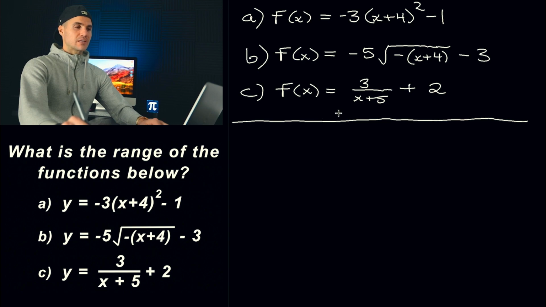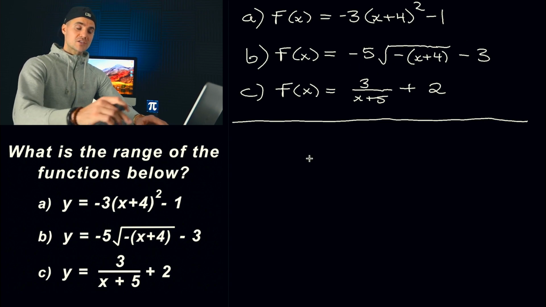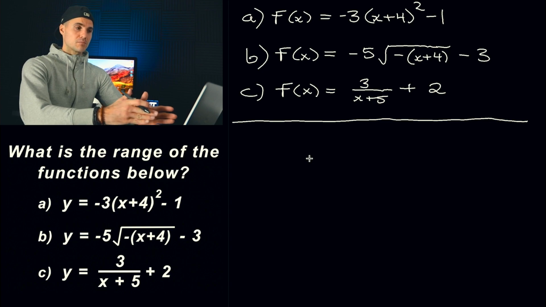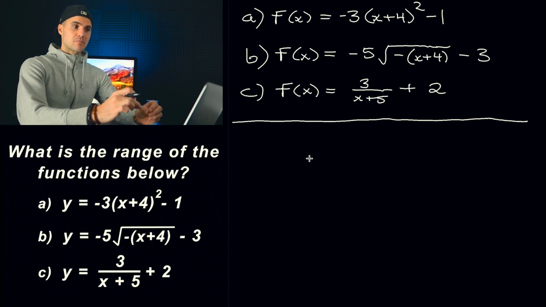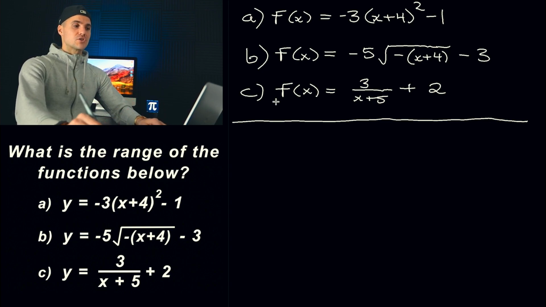And if you get a question like this, I think it is helpful to be able to do it fast, knowing how the different transformation values affect each parent function. Hopefully you're a little more familiar with it at this point, being the end of the unit, and you can look at these fairly quickly, maybe draw some rough graphs, which we're going to be doing. And then from there, you can see what the range is going to be.